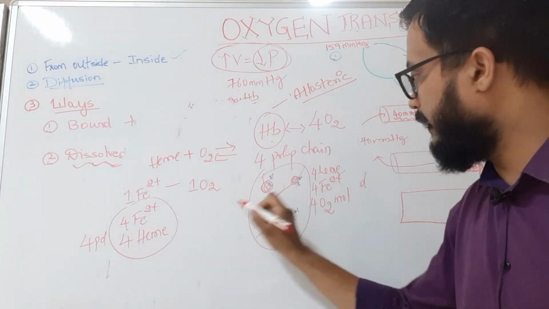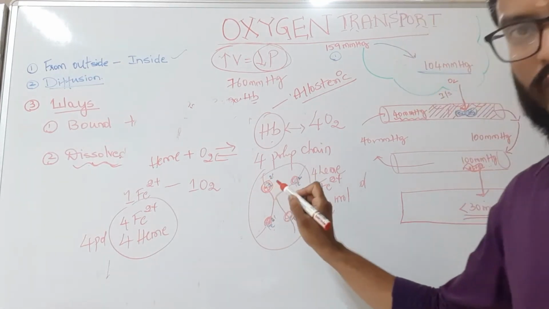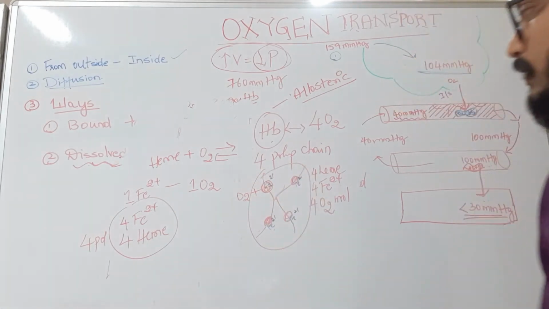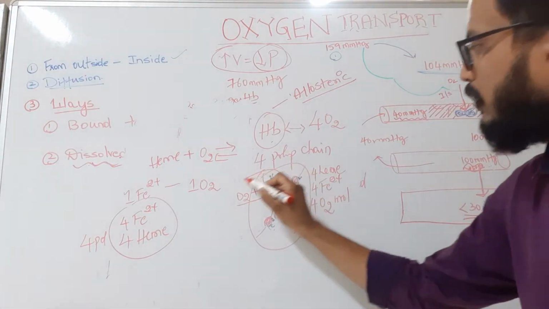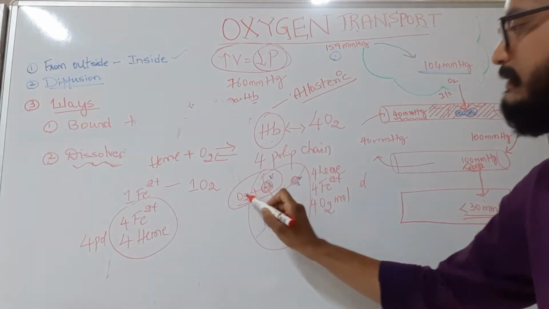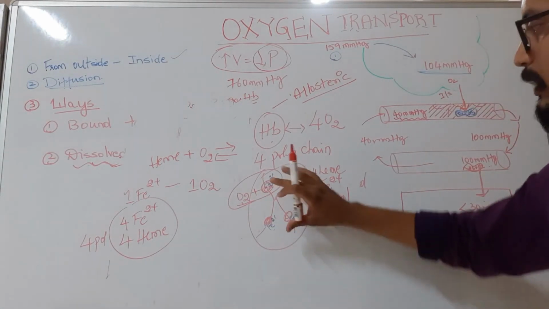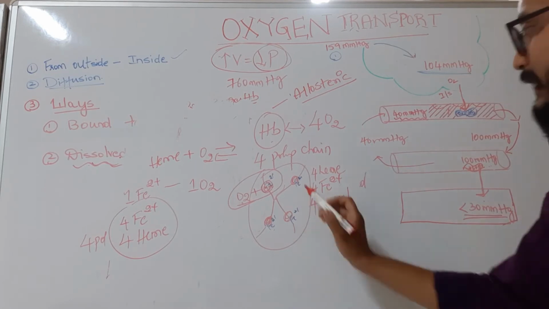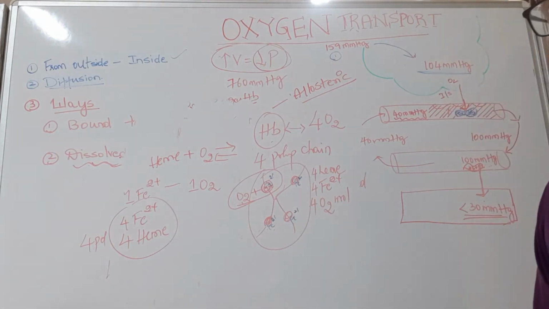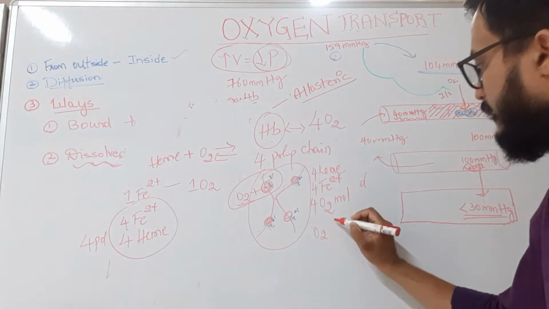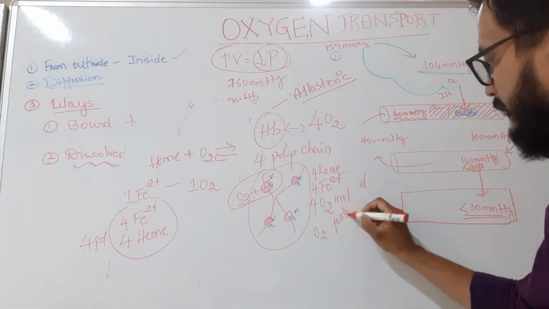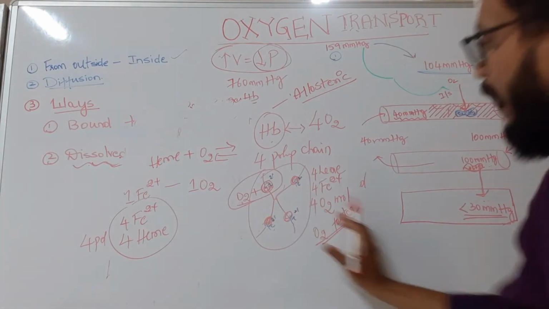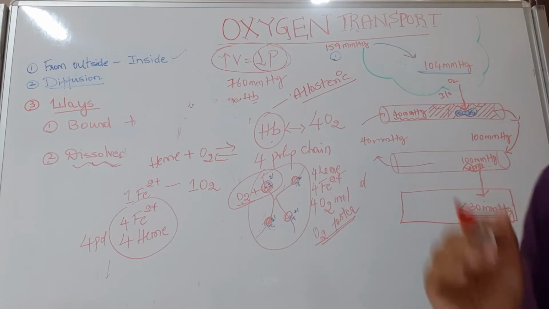Whenever one heme molecule, for example this one, is first bound to oxygen, it causes a conformational change such that the remaining ones will attach to oxygen at a faster rate. It increases the affinity of the other heme groups to attach to oxygen at a faster rate.